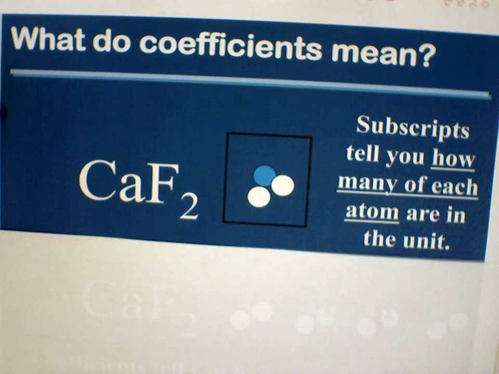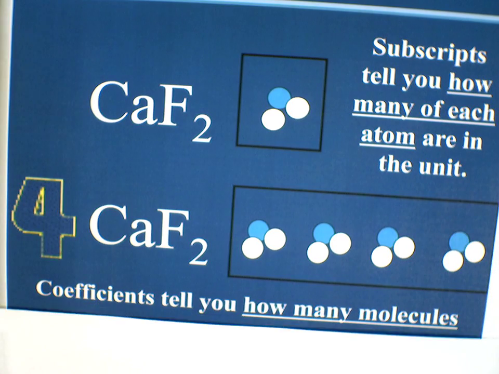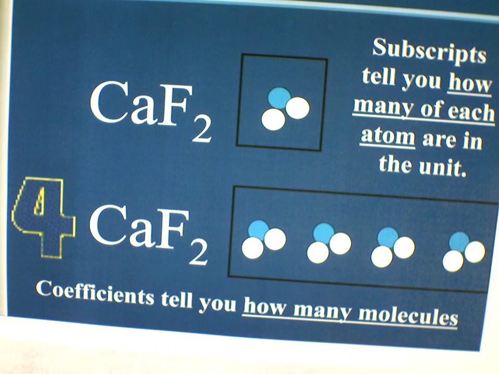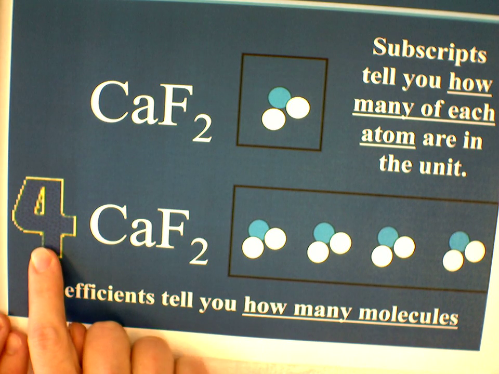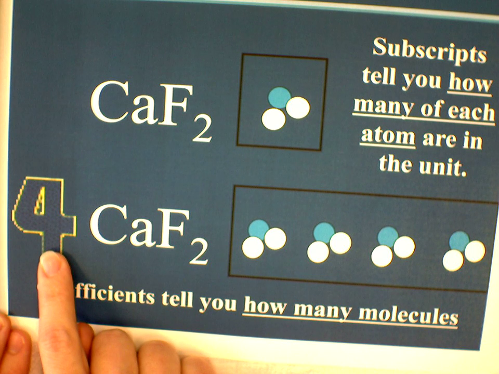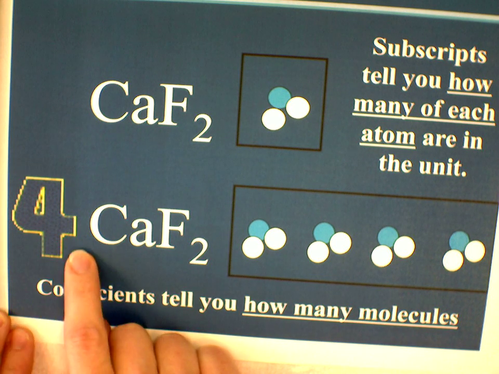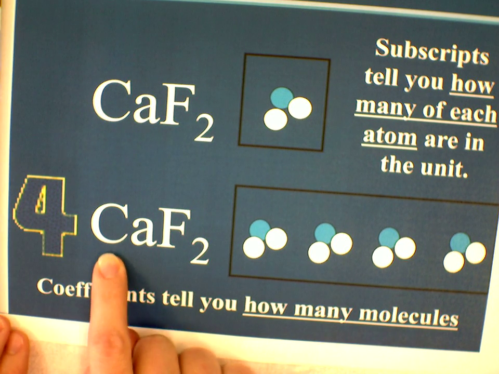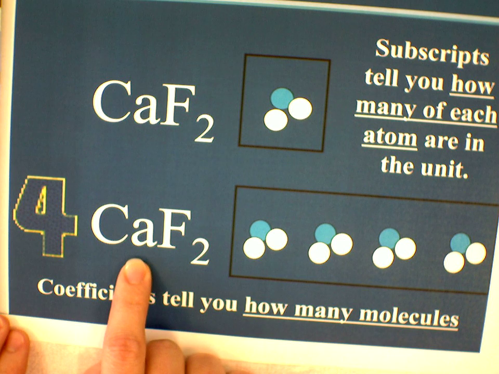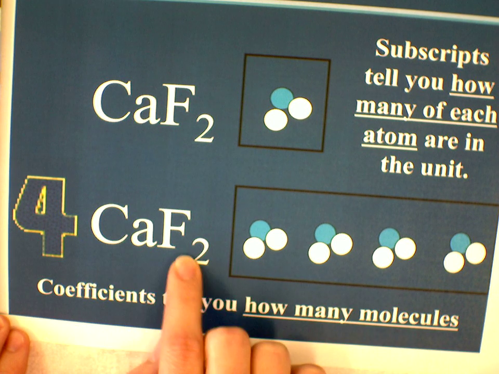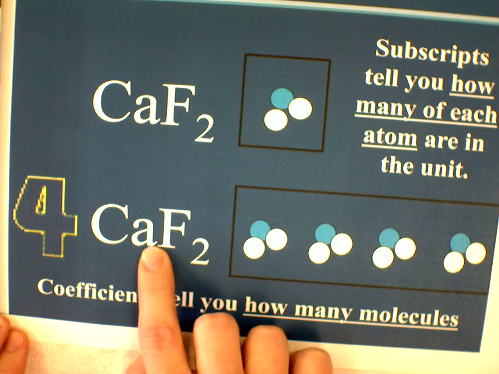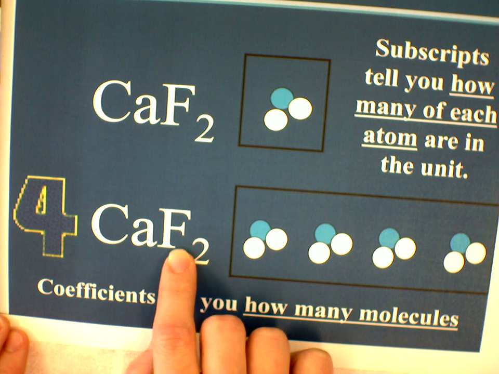If you put a coefficient out front, coefficients tell you how many molecules are in that particular equation. Coefficients are unique to the particular reaction that is occurring. So the coefficient that goes out in front of calcium fluoride is not always a 4. But calcium fluoride is always going to be 1 calcium and 2 fluorines.